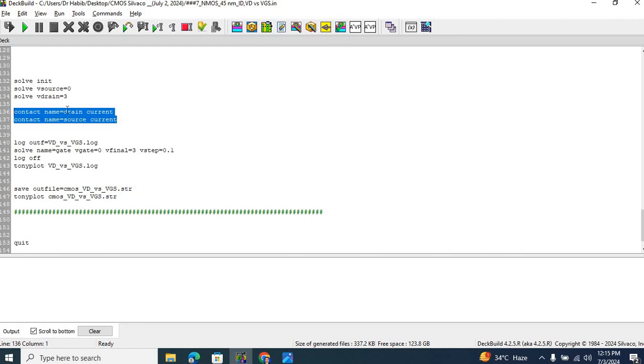A friend of mine, Amin, actually figured it out, and he gave me a hint that, hey, if you want to simulate the CMOS inverter, if you want to look at the voltage transfer characteristics, you need to set the drain and source to current control. So that is what I've done, and this kind of resolves that issue.